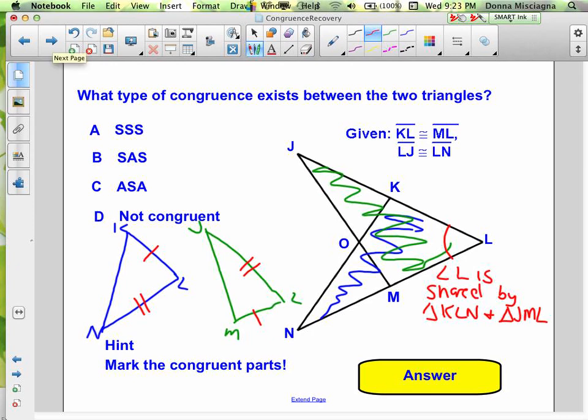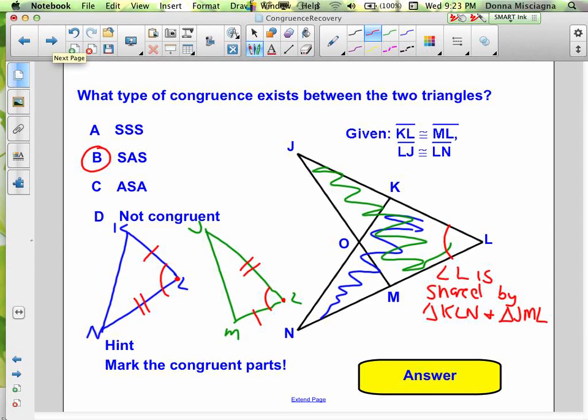Notice they both have angle L, and that is the same angle for both triangles. So now I see two sides, and if I follow the sides, they meet right here at angle L. That's the included angle. So if we have two sides and the included angle, that must be side angle side.